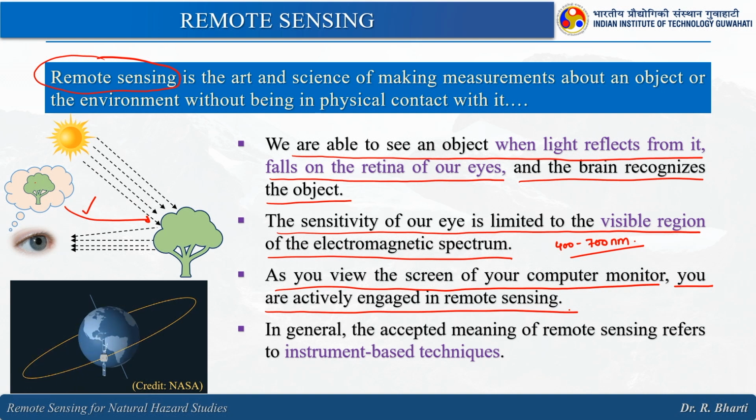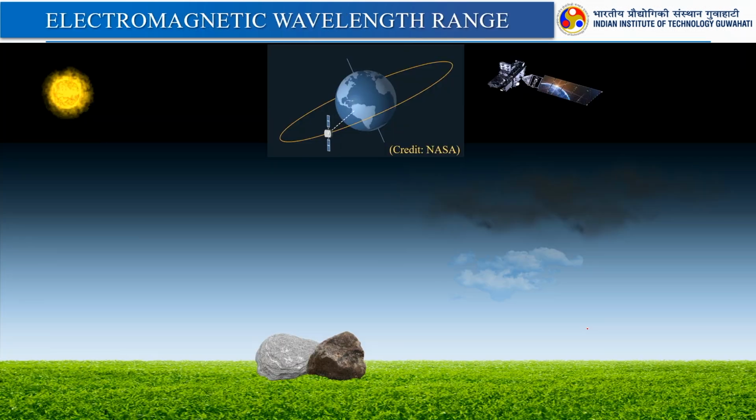Now also you are doing the remote sensing, but the accepted meaning of remote sensing refers to an instrument based technique. So, here you see this particular instrument which is continuously generating the images of earth, right.